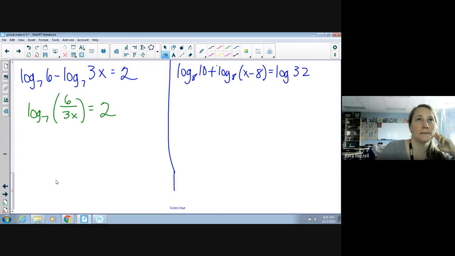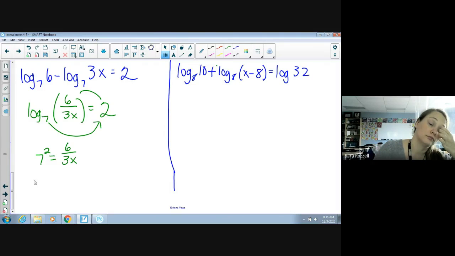So what's our base? 7 to the second equals 6 over 3x. So 49 is 6 over 3x. We can simplify 6 over 3 if we want to, or we can just not worry about it right now. But we need to get this x out of the denominator.